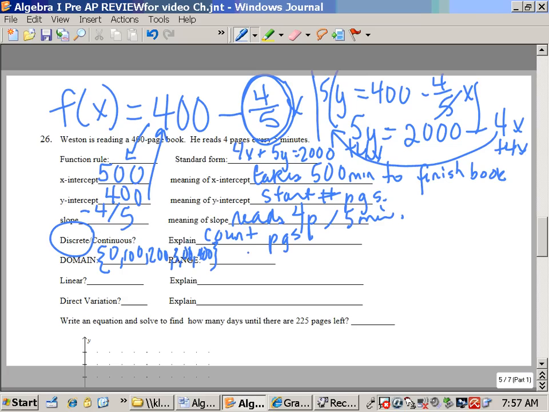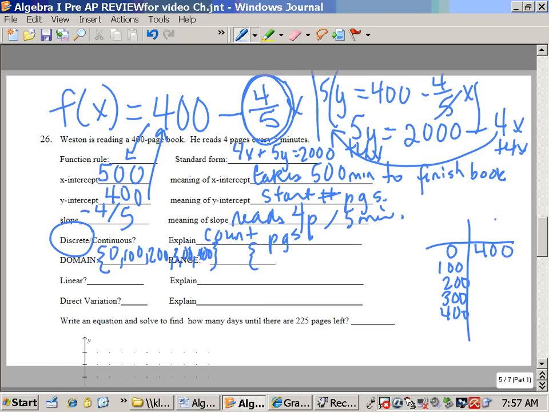All right, now if I plug in these numbers, what I did over here is on mine, I made a table. So I went 0, 100, 200, 300, 400. Of 0, I have 400 pages left.